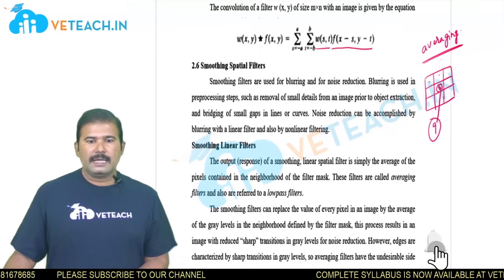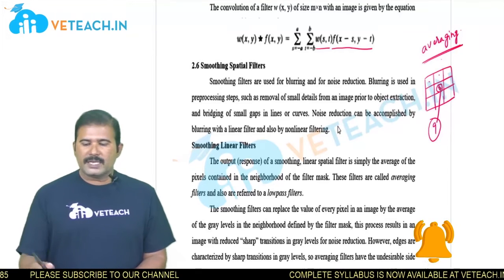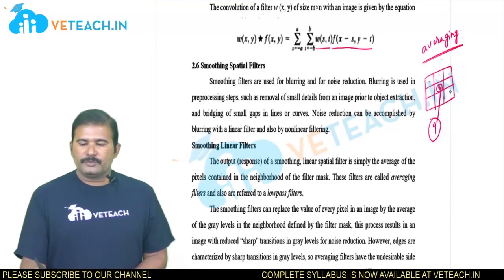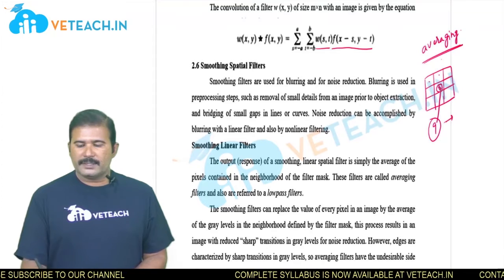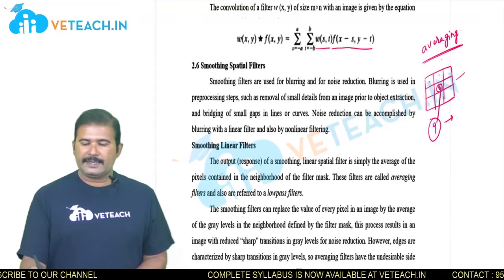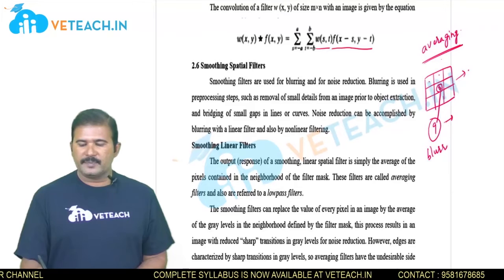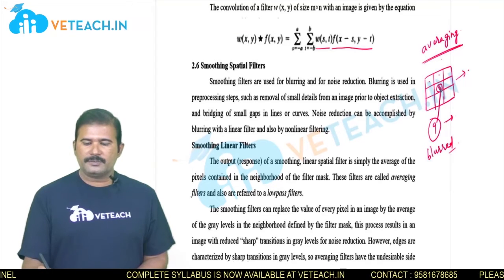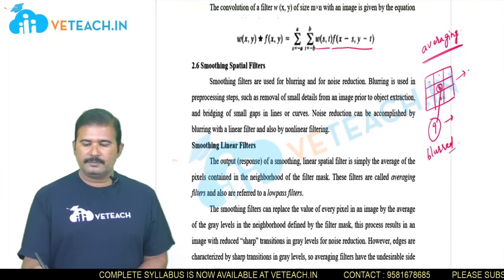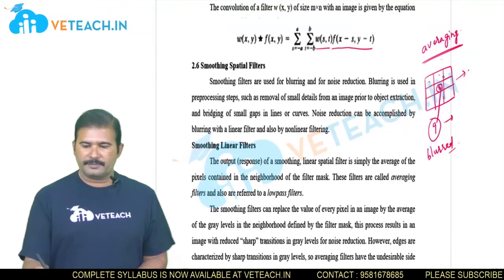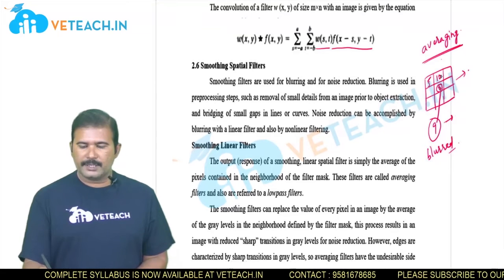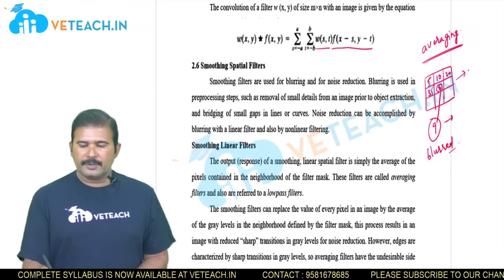Smoothing, also known as averaging, means that if you apply the same averaging operation to the entire image, the resultant image looks like a blurred image. Suppose initially all the pixel values are different, like 5, 10, 20, 35, some 100.